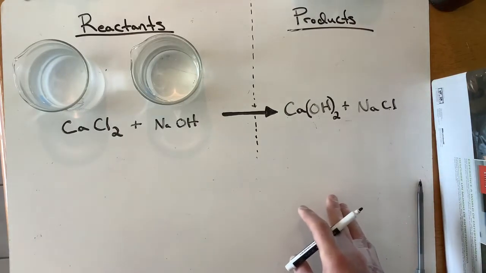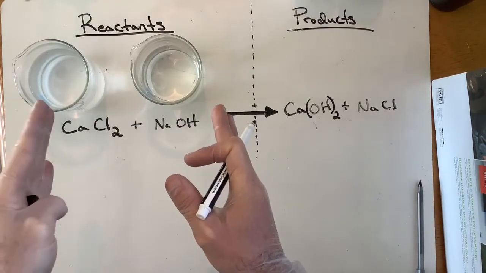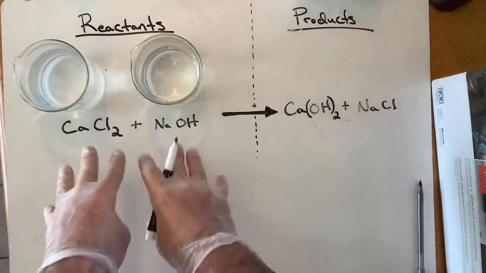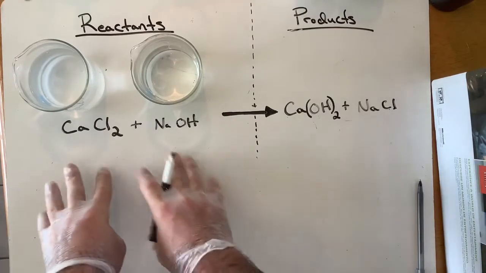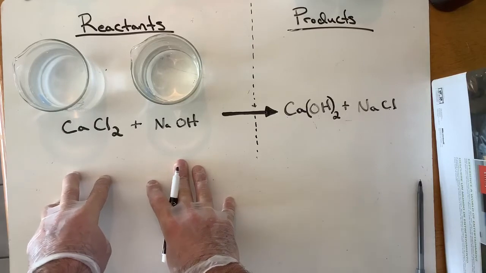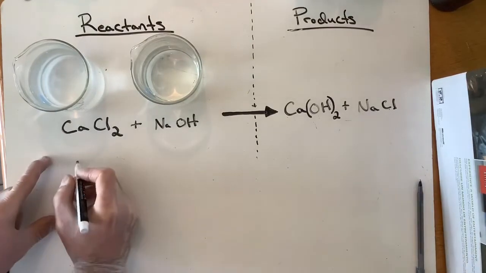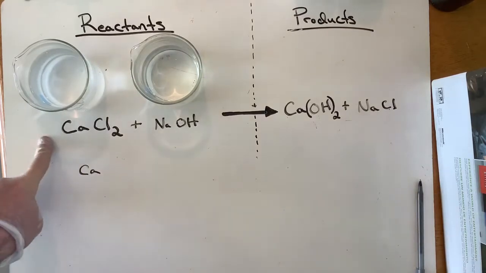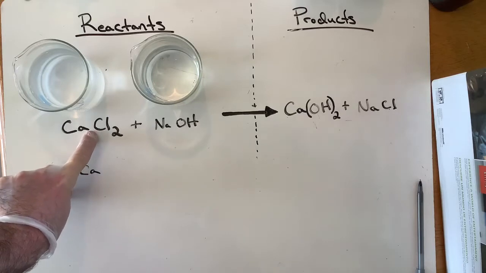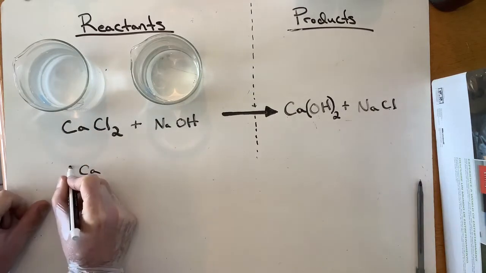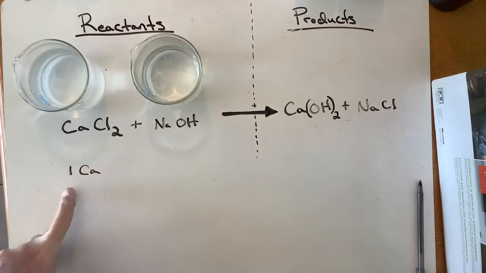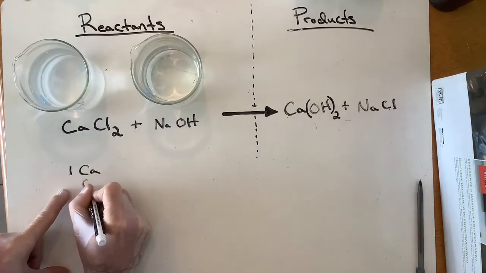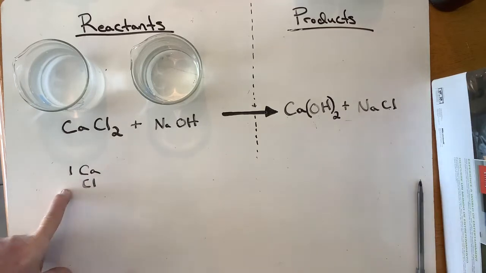So what I'm going to do is look at my reactants right now, and list over on this side just how many of each of these different elements I have. Let's start off with calcium. How many atoms of calcium do I have right now? There's no subscript here, so we know there's just 1 calcium atom. The next element is chlorine.